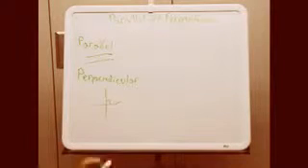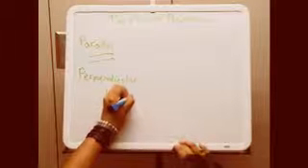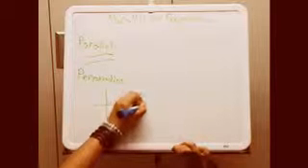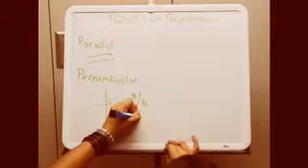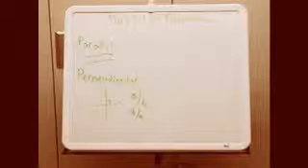Let's say the slope of this line is A over B. The other line's slope would be negative B over A. It's the opposite reciprocal of it. And they're easy to find. For parallel, the slope is just the same. For perpendicular, you just find the negative reciprocal of the other one.